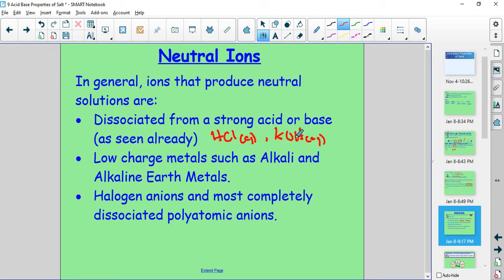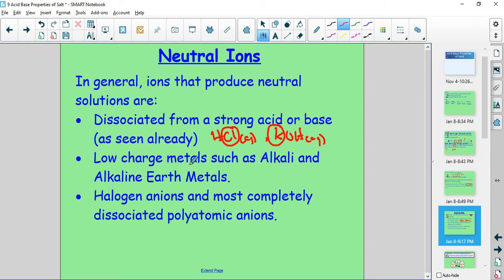These strong acids and bases do not dissociate to produce ions that are acidic or basic. They're neutral. So the potassium here, the chloride here, will float around in water, interacting with water insofar as their intermolecular forces, but they will not produce acidic or basic properties.